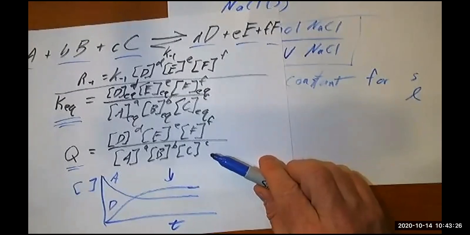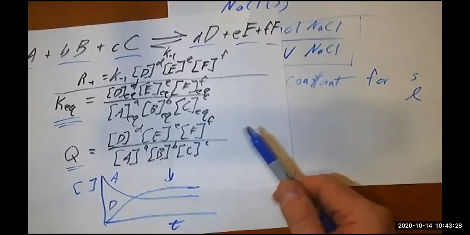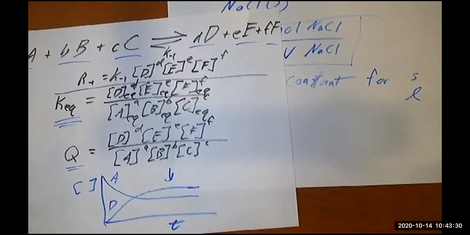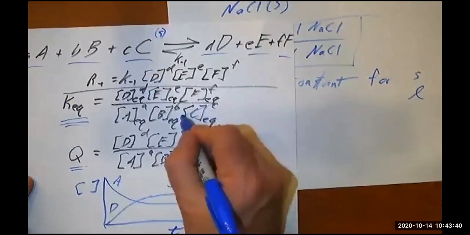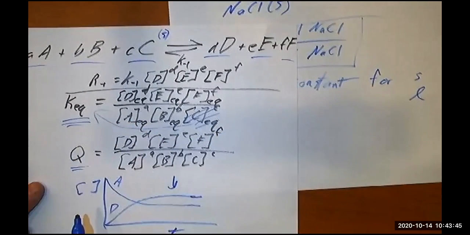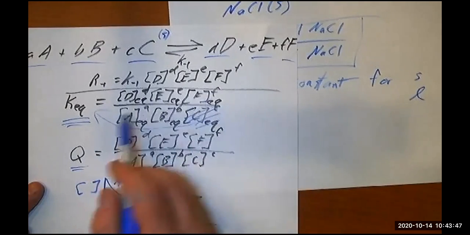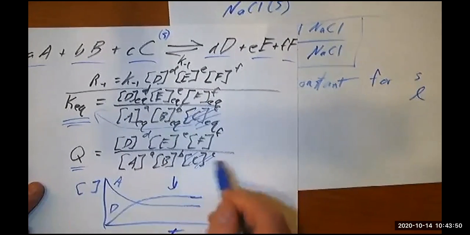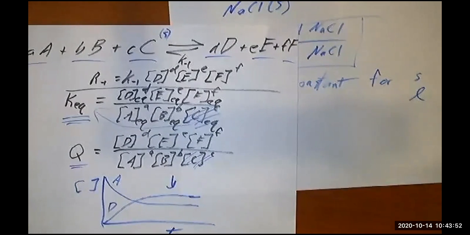So what we do in that case, because we only want the equilibrium constant and the reaction quotient to have in them concentrations or partial pressures of the things that are changing or that matter. If, for example, C here was a solid, then we would take C and fold it into the equilibrium constant on the other side, so that our equilibrium expression here only contains solutes and gases.